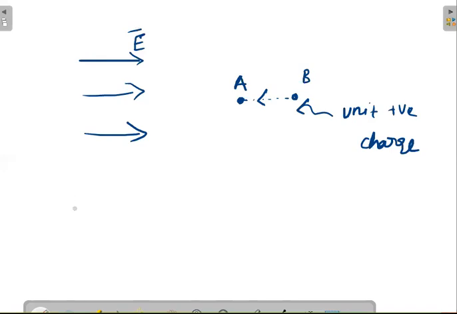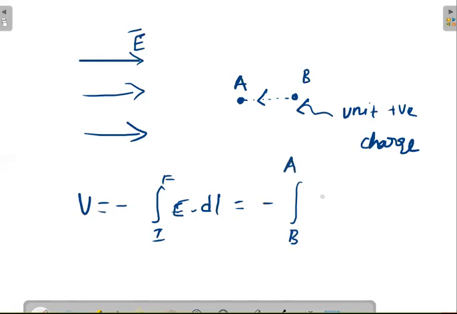According to our formula, minus integral, initial and final, E dot dl. What is the initial position now? B. What is your final position? A. Then E dot dl. This is VAB.